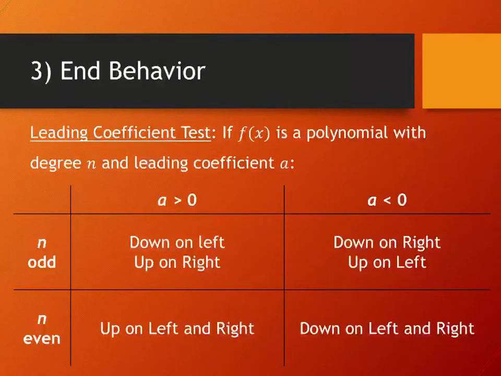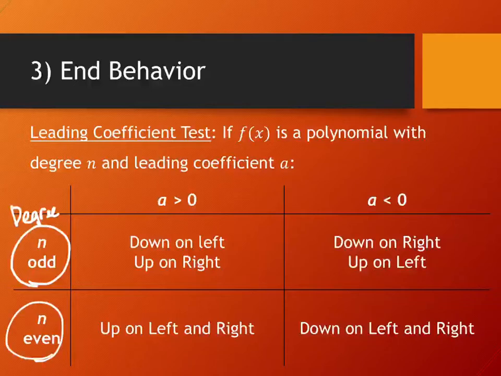So you first have to determine the leading coefficient. This is something that you would have learned about in an intermediate algebra course. Your leading coefficient is the coefficient on the highest degree term. So your highest degree term has either an even or an odd exponent. If it's odd for your degree, you're on the first line. And if it's even for your degree, you're on the second line. Okay, so it's either even or odd. The coefficient itself is either positive or negative.